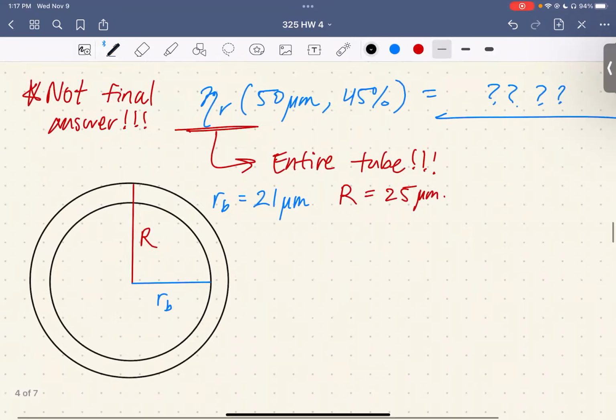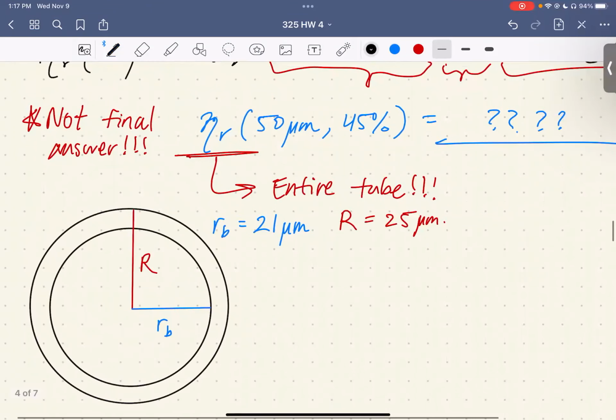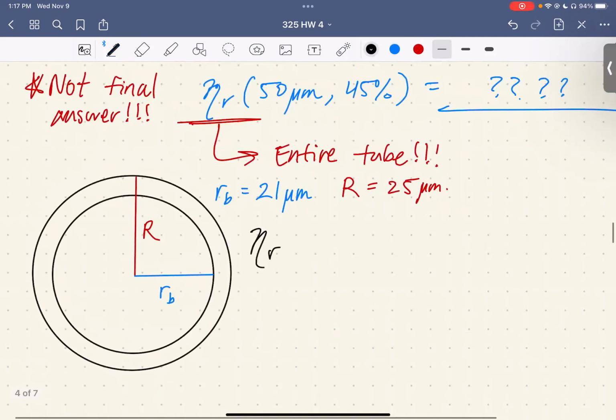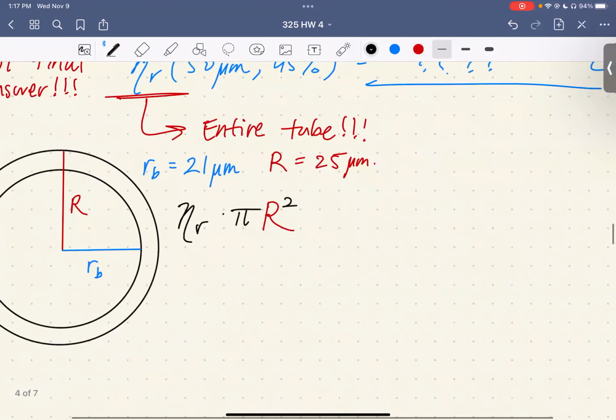So we have the viscosity that we obtained earlier for the entire tube, denoted by R. And essentially we're going to multiply that by the cross-sectional area of the actual entire tube, right?